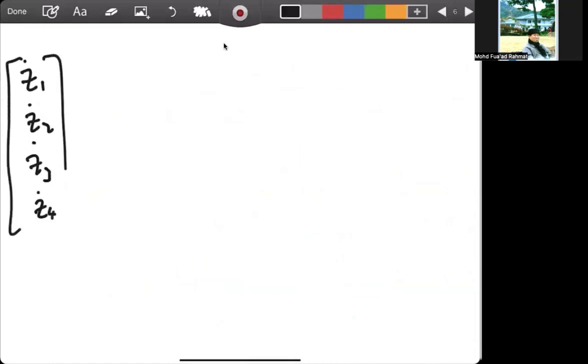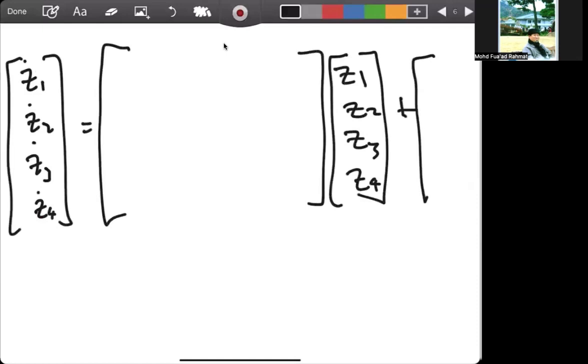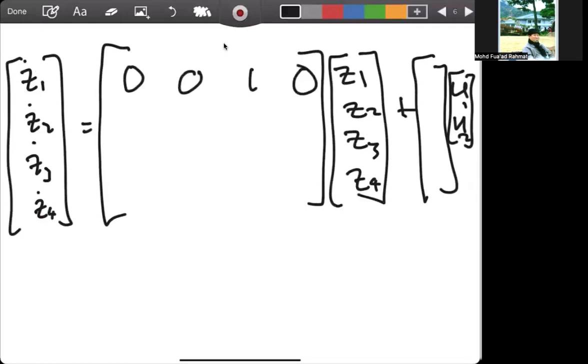Just do it like this, plus U1, U2. The first state equation is 0, 0, 1, 0.